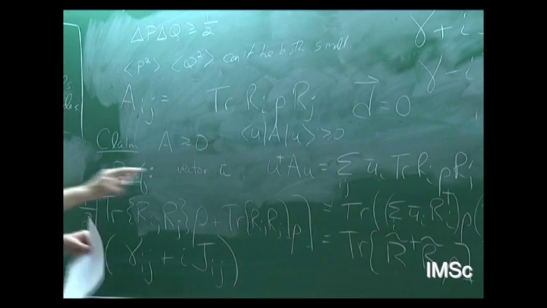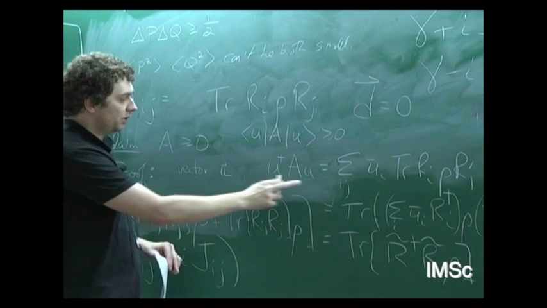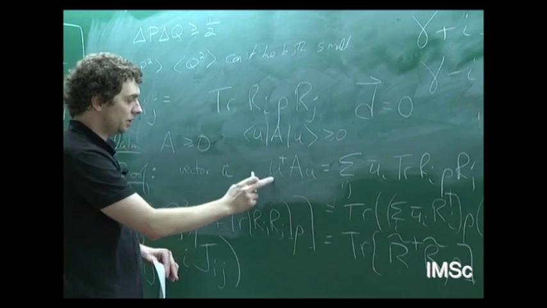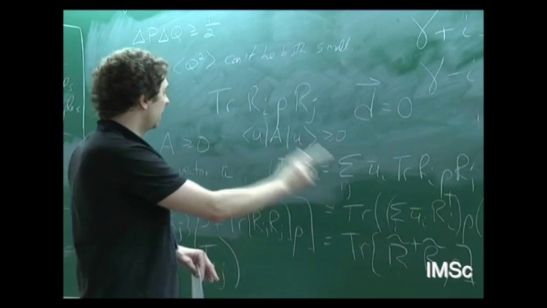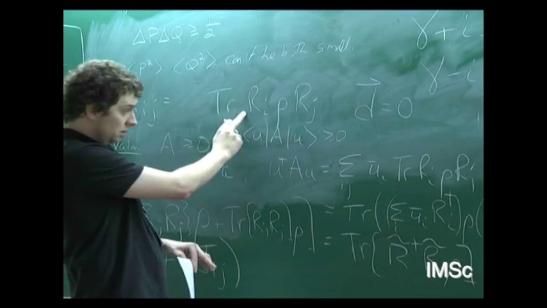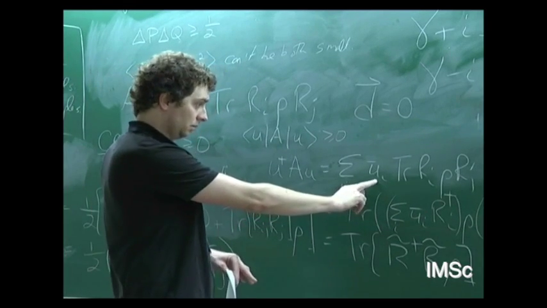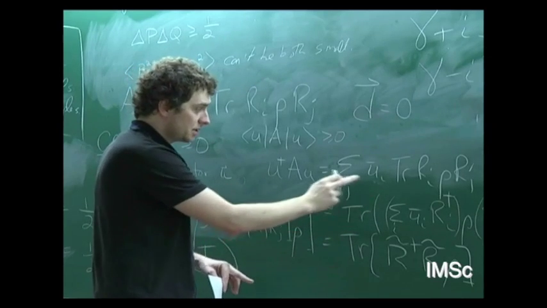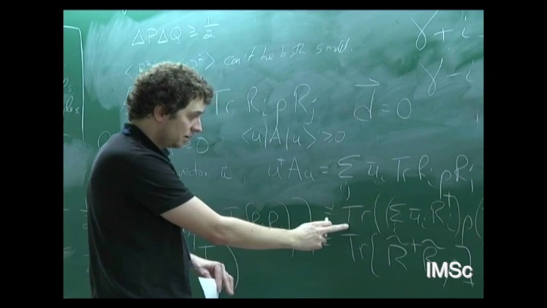Okay, so the way we show that is here. We compute this inner product of u dagger, A, and u by writing it out explicitly here. Here I've taken this sum over i and j inside the trace.